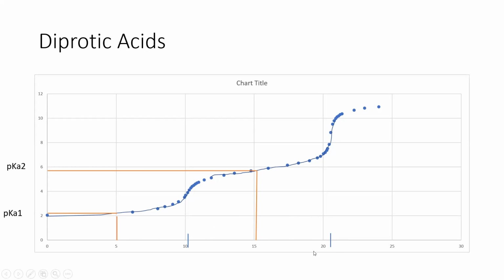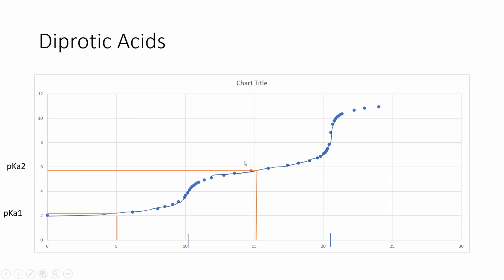Or I could take 3/4 of my 21 milliliters, and either way I should get just above 15. Again, we're going to do a tie line from the volume up to where the curve is. Notice I've drawn in where the line is because this is coming between data points. Then from where it hits the curve, I go over to the y-axis, and there I'm just below 6. So my pKa2 is going to be 5.8-ish.